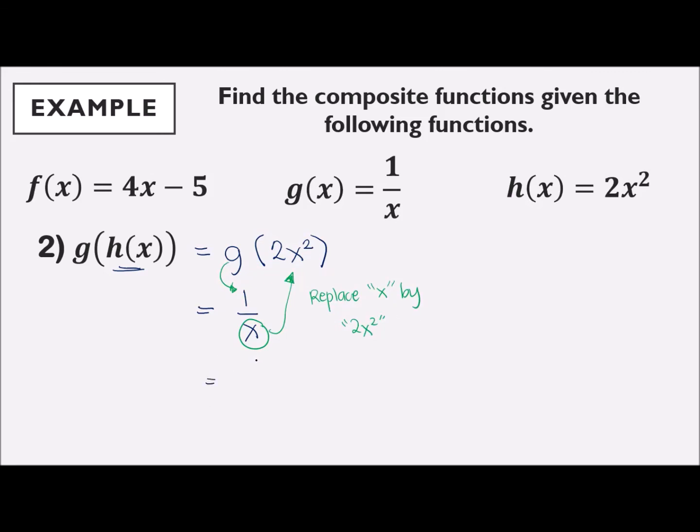You can pause this video para makita ninyo kung kaya niyo po. So, magiging 1 over 2x squared. And that's it. Wala na tayong pwedeng masimplify pa dyan. So, ganyan kasimple. So, the value of g of h of x is equal to 1 over 2x squared.